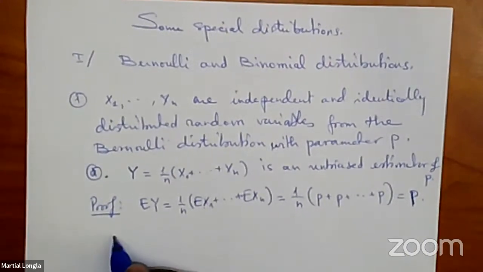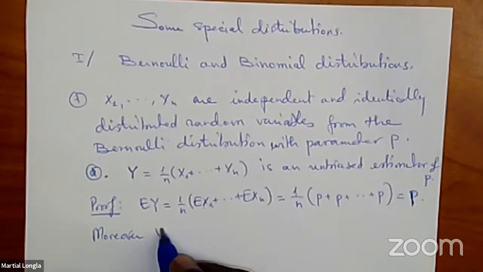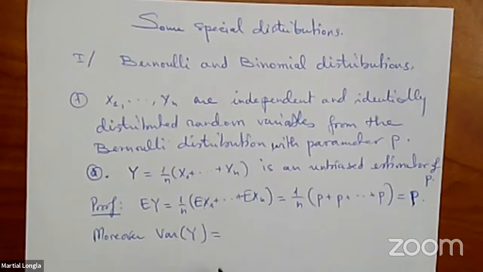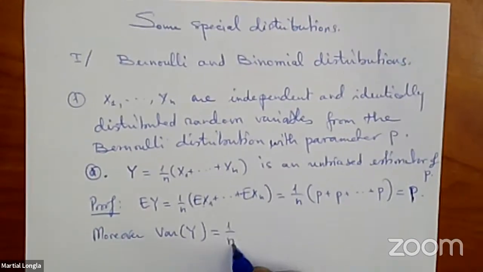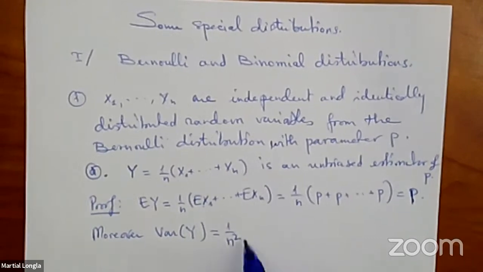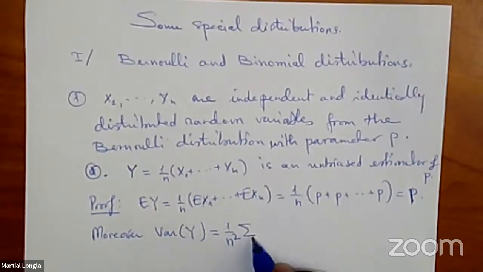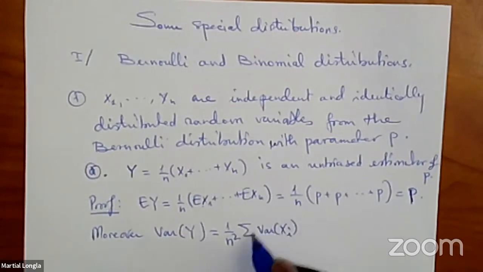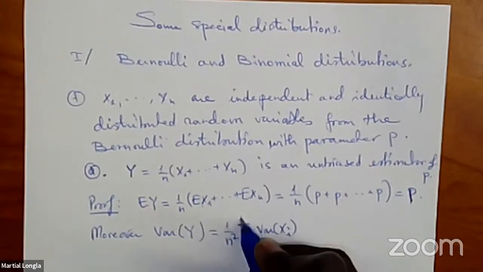So the variance of y is equal to 1 over n squared. Based on the formulas that we had today, the variance is 1 over n squared times the sum of the variance of xi from 1 through n.